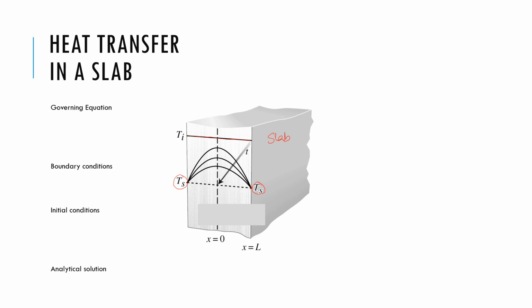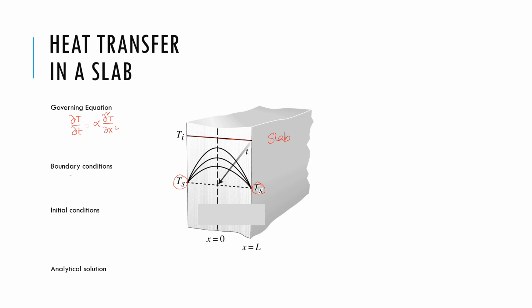My governing equation for heat conduction is alpha del squared T by del x squared, where alpha is the thermal diffusivity.